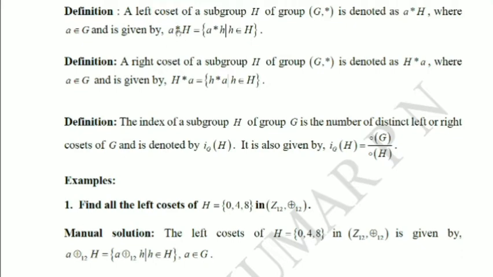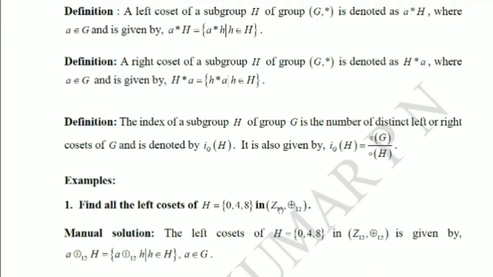A, here instead of star you are having the binary operation addition modulo 12, H, that is AH, where A is coming from G, and G is nothing but Z12, right? Your group is Z12. So A comes from Z12, and you have to add every element of H, where h is coming from H. So you have to add every element of H from the left side by A. And remember, your A comes from Z12.